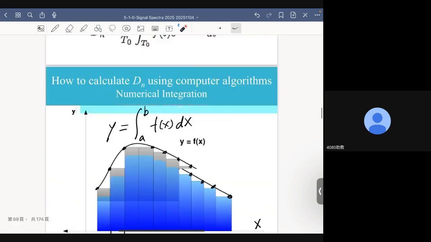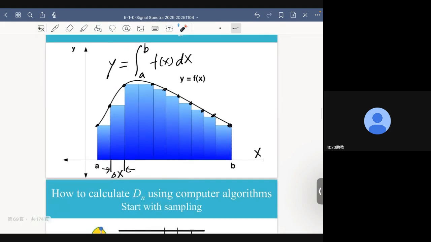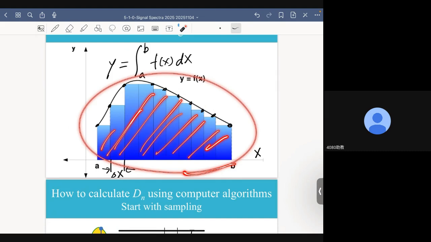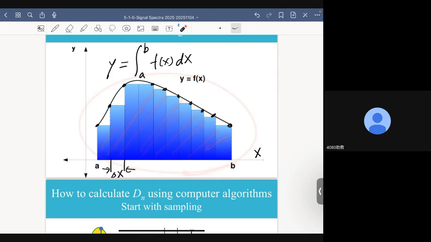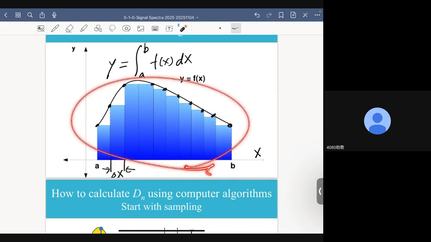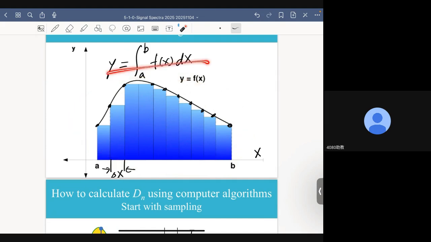Now, by determining the area of these rectangles one at a time, and finally summing these areas together, which represents the blue areas shown in this figure, I can determine an approximate value of this definite integral.